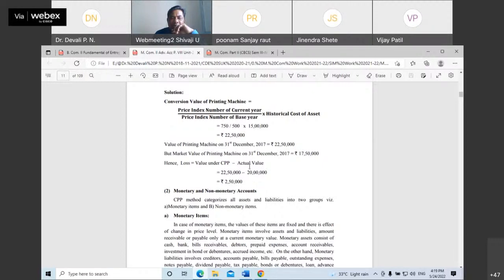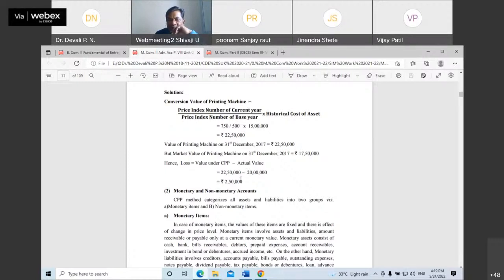And what was the actual value? Actual value is 20 lakh. If you think the big amount is 22,50,000 and the small amount is the base, and we reduce it, we are suffering a profit.